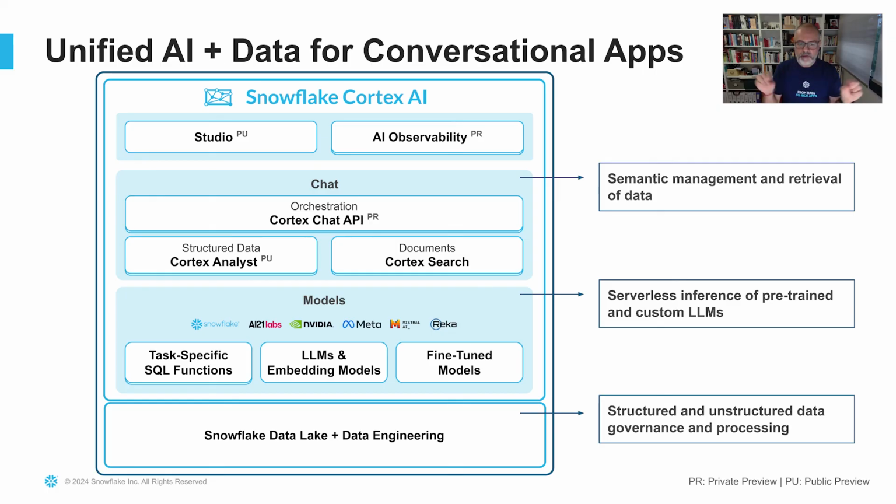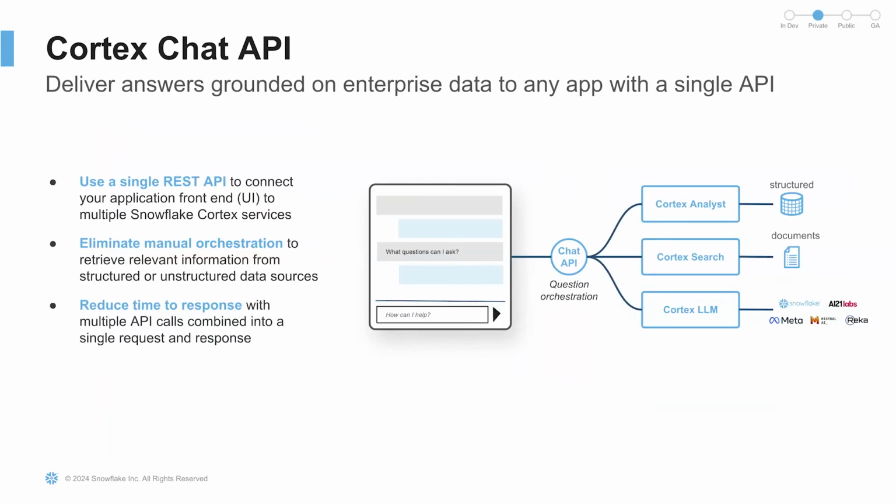That's another API layer that is really going to orchestrate everything and use the services from Snowflake that you need to answer the questions you have. It's going to be a chat API interface where you go to the API and ask the question, and then that API will orchestrate and decide, okay, I have to use Analyst, I have to use Search, I have to make a call to a large language model, to do the work there.